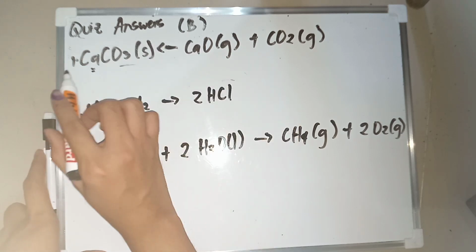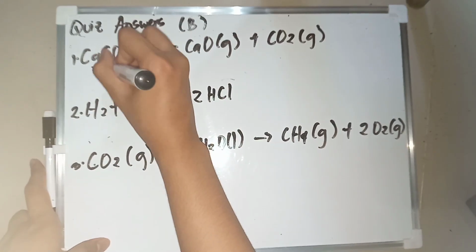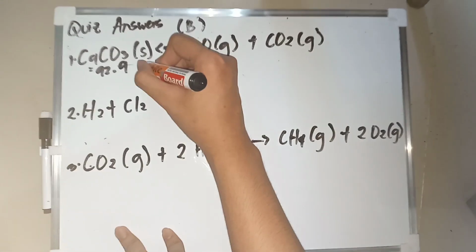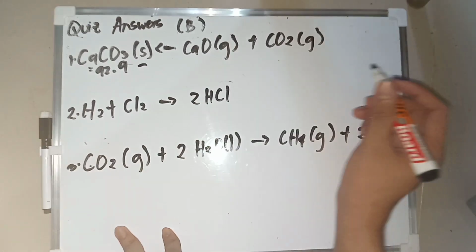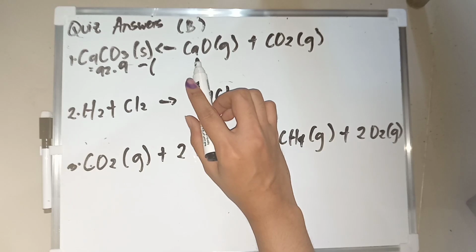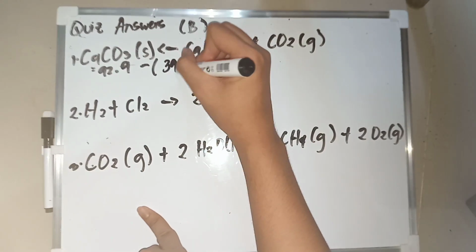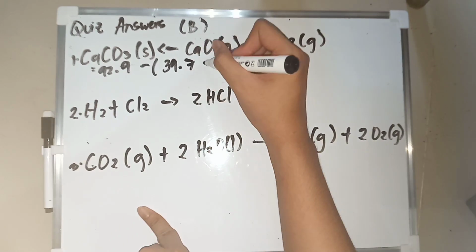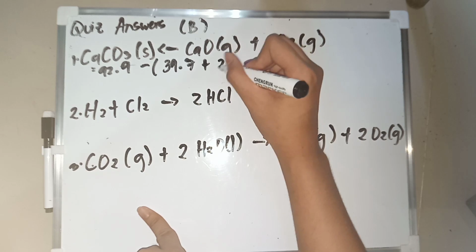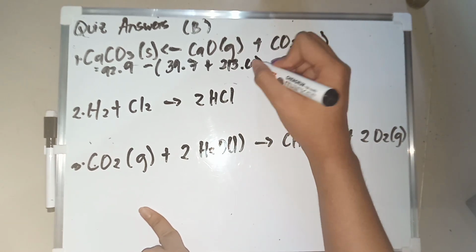The value of our product is 92.9 minus, open parenthesis, the value of CaO, 39.7, plus the value of CO2 gas, 213.6.